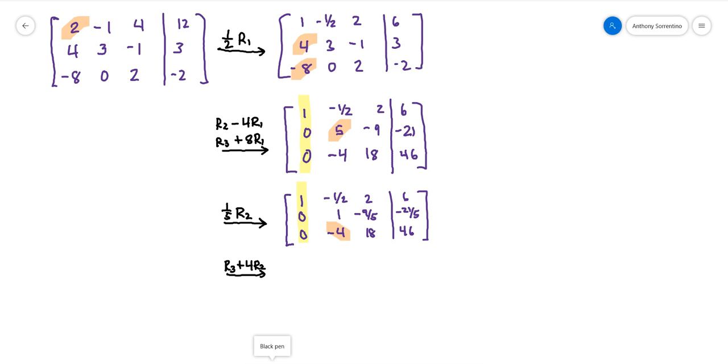I mean, theoretically, I could do row 3 minus 8 times row 2. The problem is that would make the 0 down here no longer be a 0. So I'm best doing the row 2 here because I do have a 0 in that position and not a 1 in the first row, in the first column position.